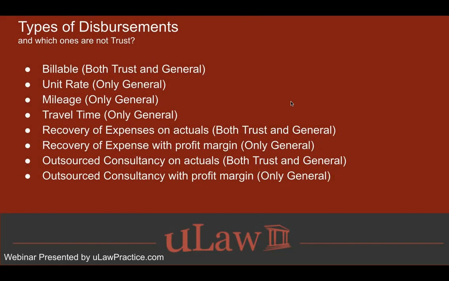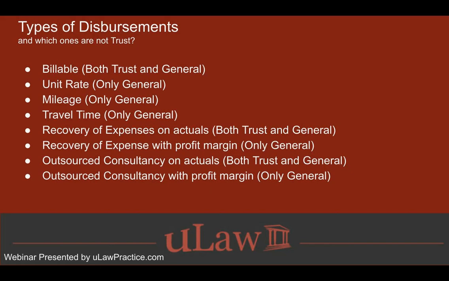Got it? So now moving on to types of disbursement. Whether these are to be made from trust, these are to be made from general. What are these kind of disbursements that are made from trust and general respectively?